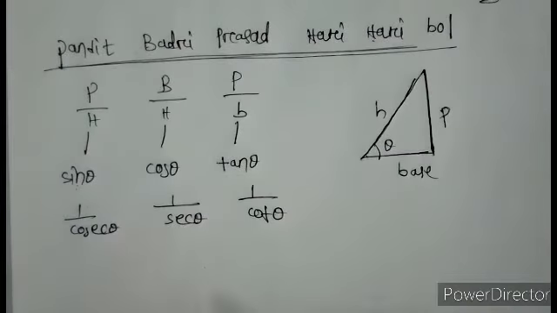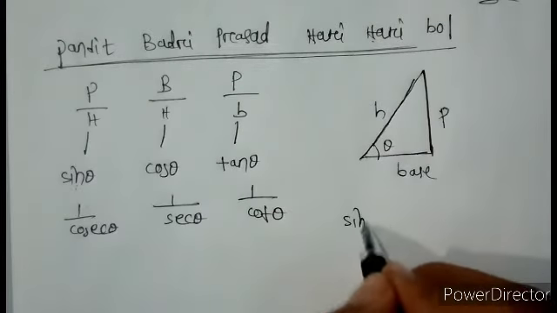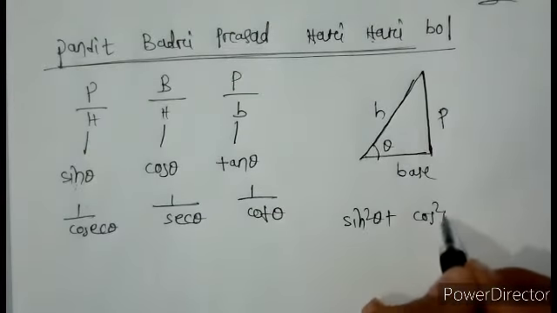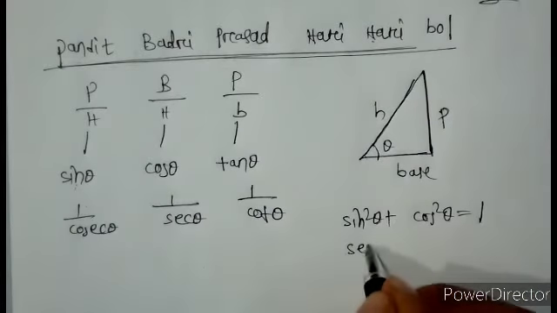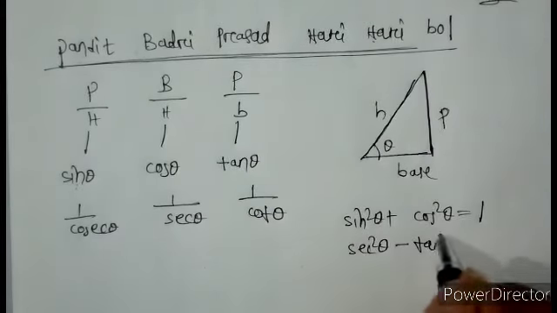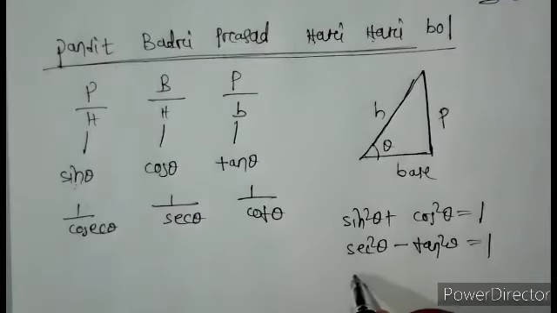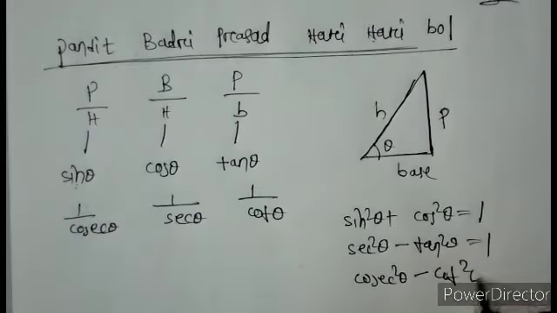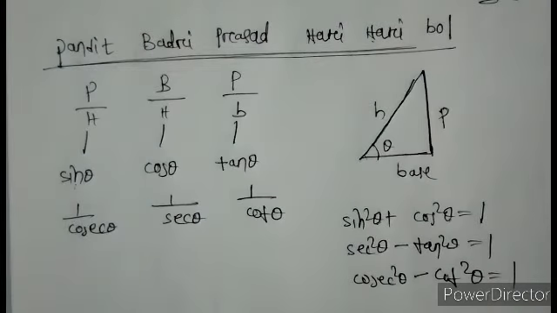And also we know our more formulas: sin square theta plus cos square theta is equal to 1. Sec square theta minus tan square theta is equal to 1. And also cosec square theta minus cot square theta is also equal to 1.